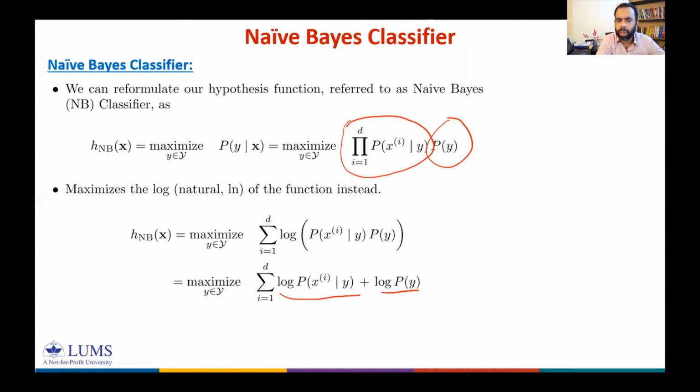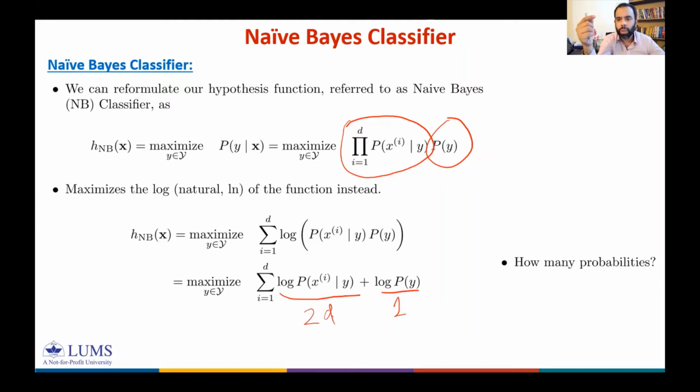How many probabilities do we need to compute for a Naive Bayes classifier? We need 2 times d, assuming the features are binary and the label is binary. So 2 times d for conditional probabilities and only 1 probability of y.